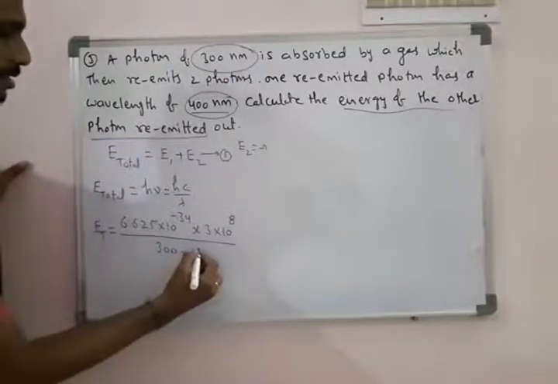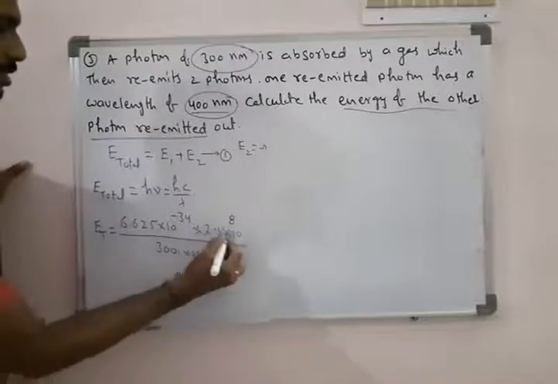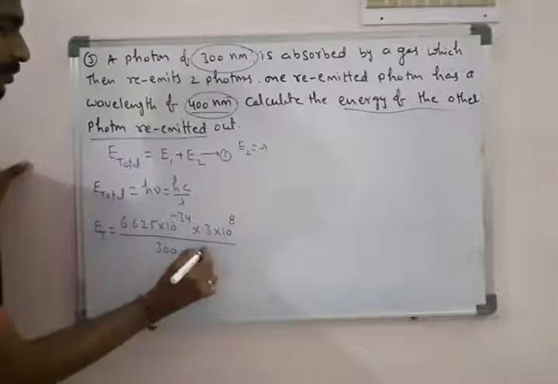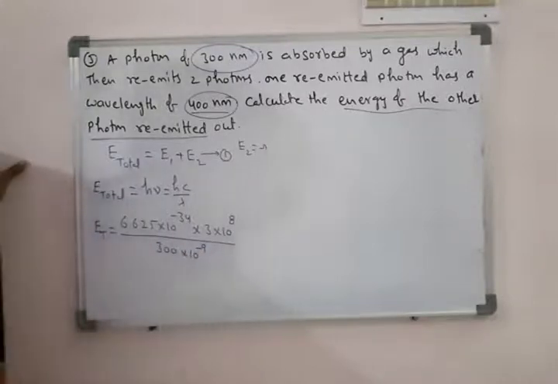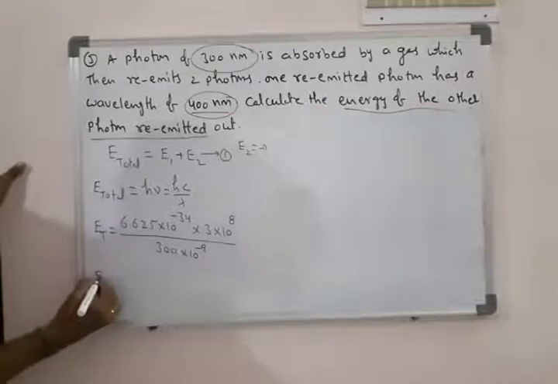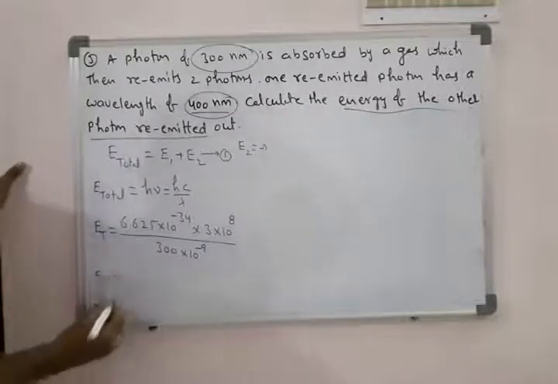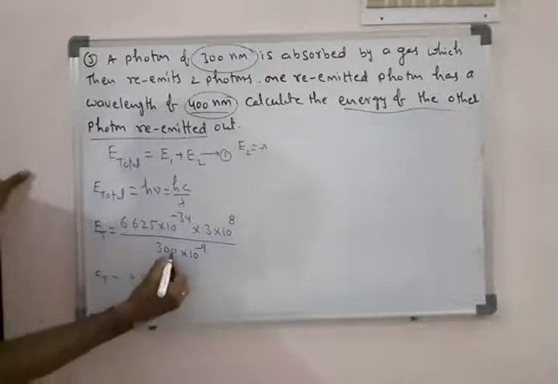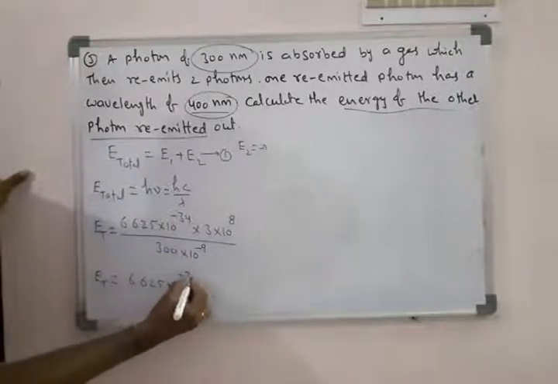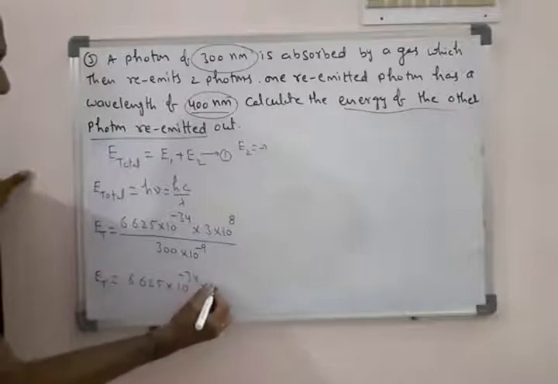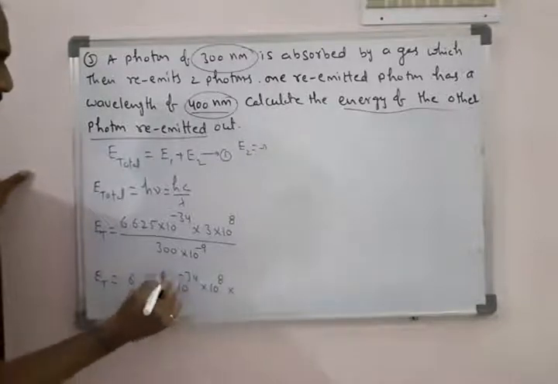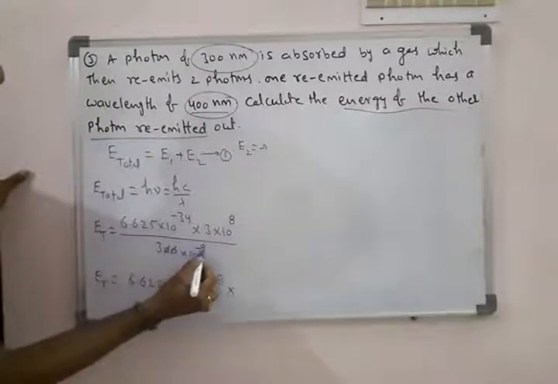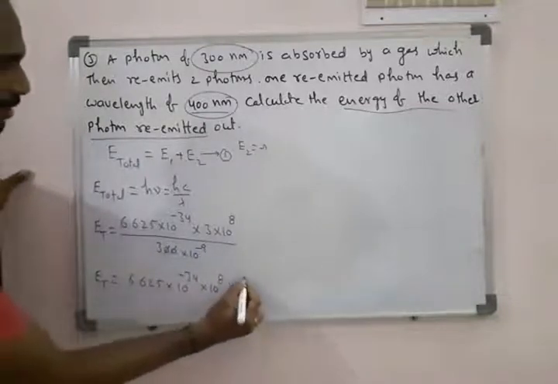Converting to meters, as we are using SI units, it should be in meters, so nanometers is 10 to the power minus 9 meters. The exponents combine, minus 7 squared becoming plus 7.